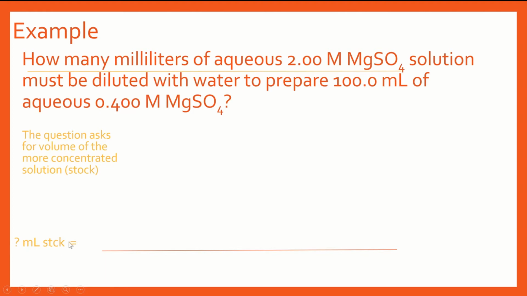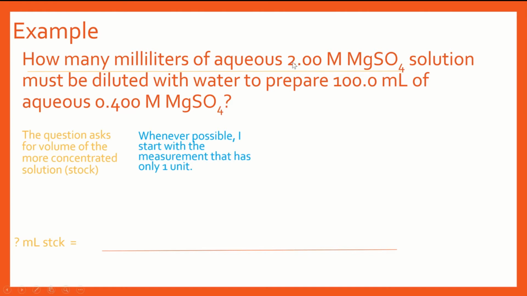Highly advise you to put the abbreviations, stock and dilute. You'll see in a minute, there are a lot of different molarities and milliliters that we're working with. So it really helps to keep track of when you're working with the dilution or the stock. Whenever it's possible, it won't always be, I like to start off with the number that only has one unit.